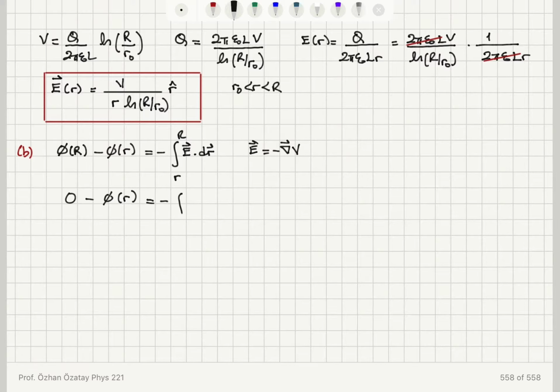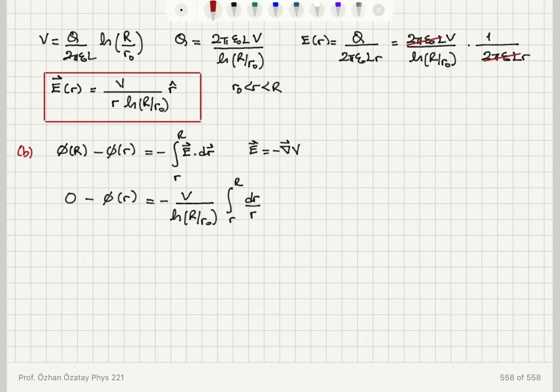This is the integral from, let me put the constants outside, V divided by natural logarithm capital R over R0, integral from r to capital R of 1 over r, so it's going to be dr over r, because the electric field is in the r hat direction, dr is in the r hat direction, so that's going to be dr over r.